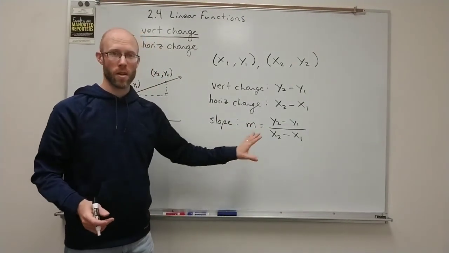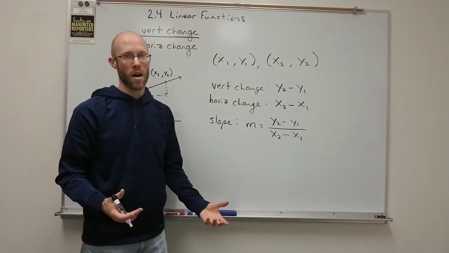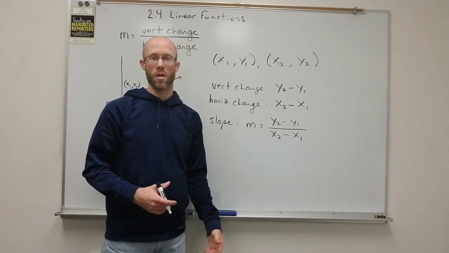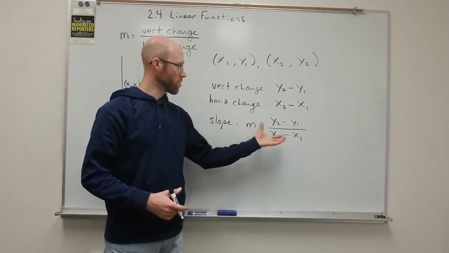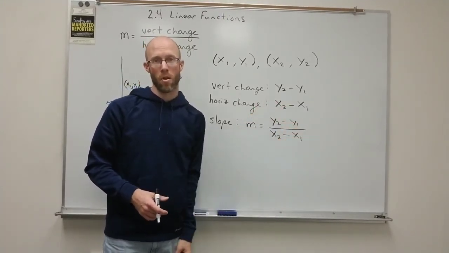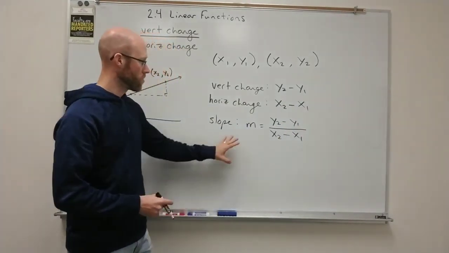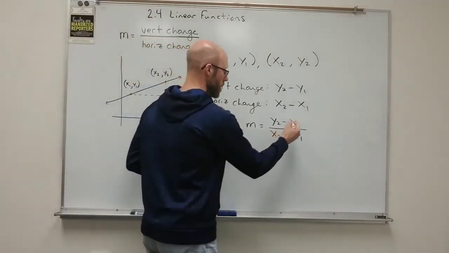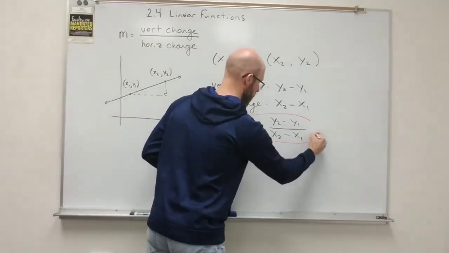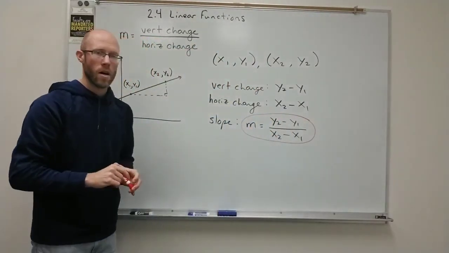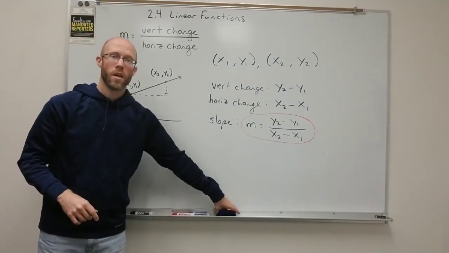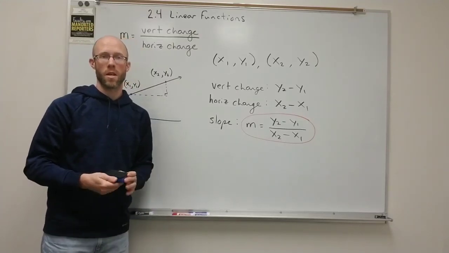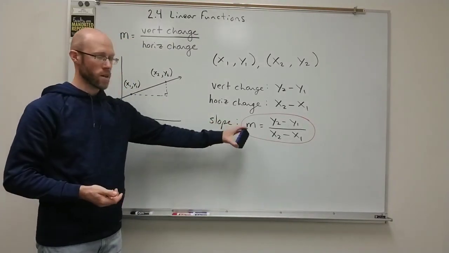However that works for you, but I think just memorizing it, you'll use it enough that you'll be able to use it out of memory, okay? So, very important formula. In fact, I'm going to circle it in red, okay? Make it stand out. I'll run through a couple examples in the next video so you can see how to use that formula.